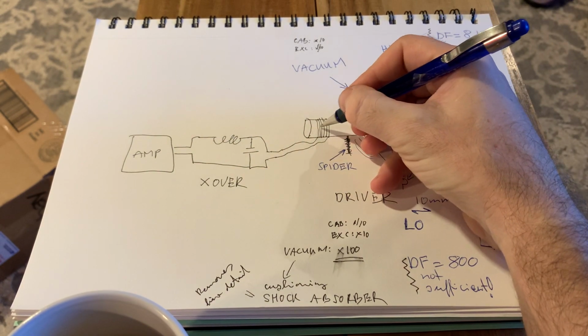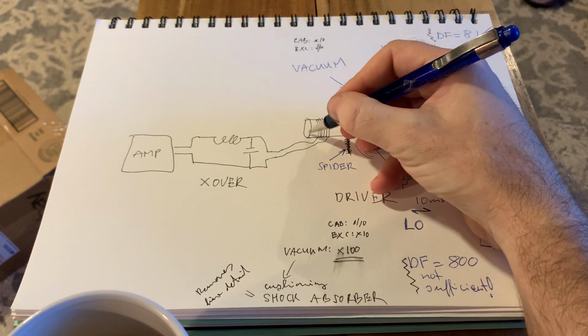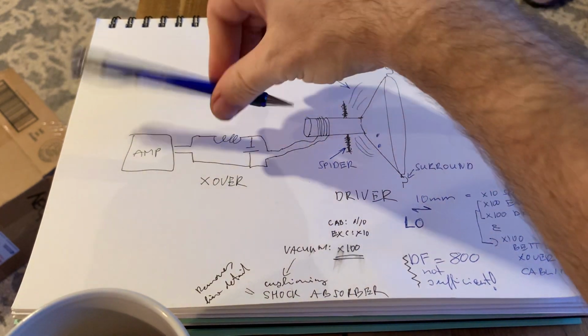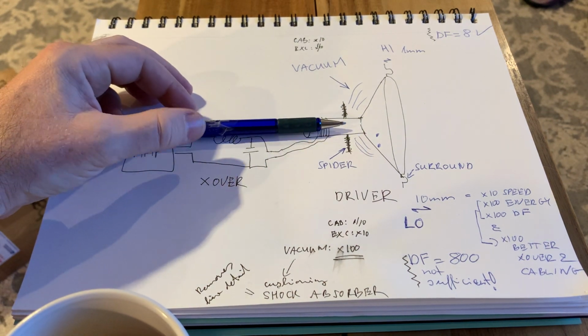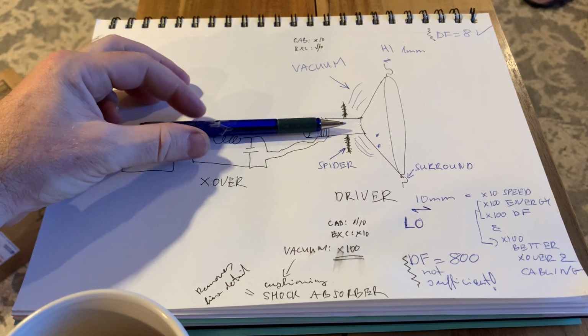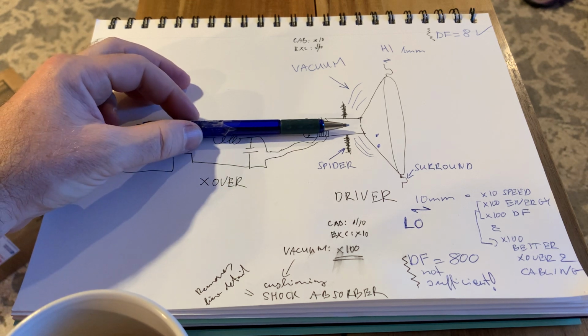So between the voice coil former, literally sliding in, is the pole piece, and that's really a ferrous material.